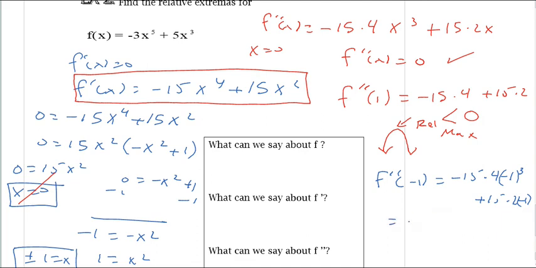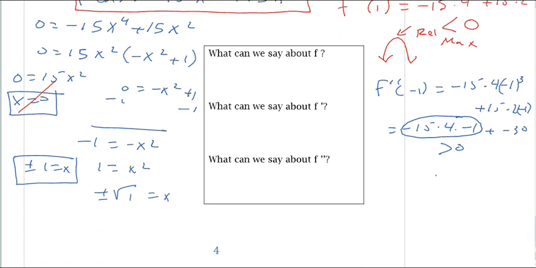And so here I would get negative 15 times 4 times a negative 1, plus, in this case, a negative 30 if I multiplied it out. So here this is going to be positive, and it's going to be a larger number than this, so I know that it's greater than 0. So what does that mean? If f double prime is greater than 0, I have concave up, so I have a relative min.